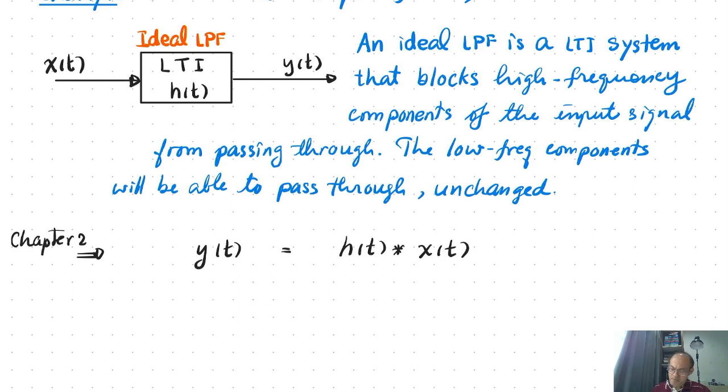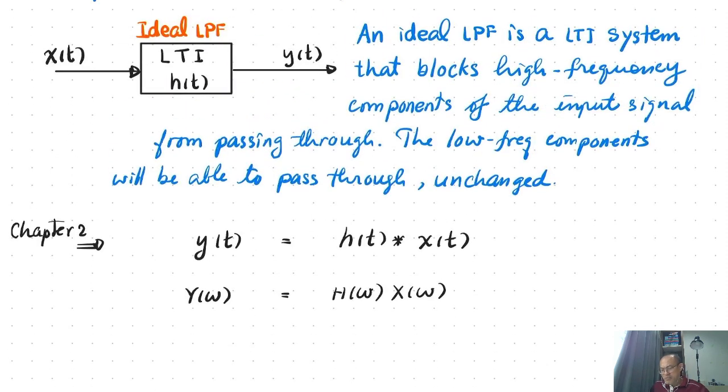Now, if you take the Fourier transform of both sides, by the time convolution property of the Fourier transform, the spectrum of the output will be equal to the Fourier transform of the impulse response multiplied by the spectrum of the input.